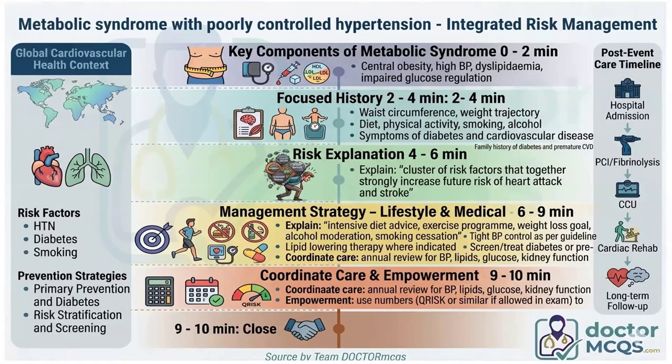Come on to the diet: tell him to take smaller portions of the daily diet, more vegetables, whole grains, less sugar and salt, cut the sugary drinks. Especially activity: build up to 150 minutes per week of moderate exercise, or a 30-minute daily walk if possible.